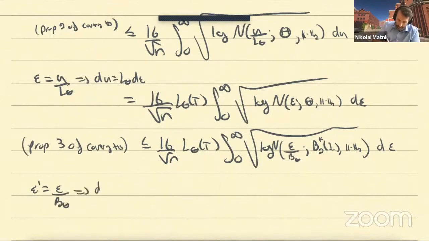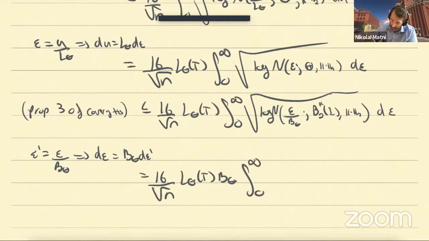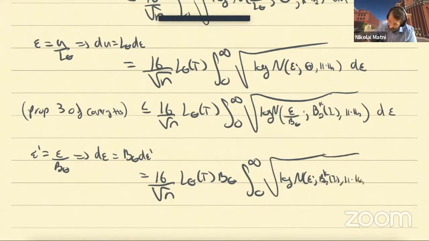This gives me d epsilon equal to b theta d epsilon prime. So I can rewrite this as L theta of t times b theta, the integral from 0 to infinity of the square root of log of the covering number of epsilon prime of the unit ball, d epsilon prime. I just did a change of variables.